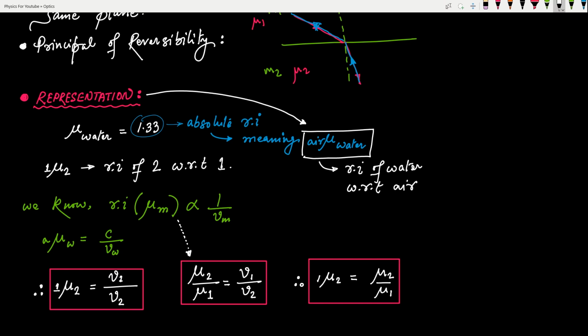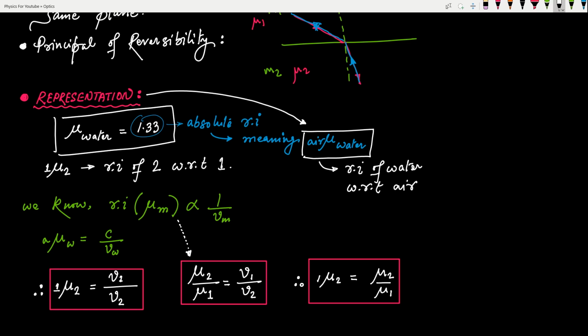Now we have understood the laws of refraction, and we have also understood what the refractive index is and what its symbol is. It is denoted by mu. We have also understood what absolute refractive index is, but how do we represent the refractive index of a medium with respect to another medium? Let's understand that. The refractive index of water is given as mu of water equal to 1.33.